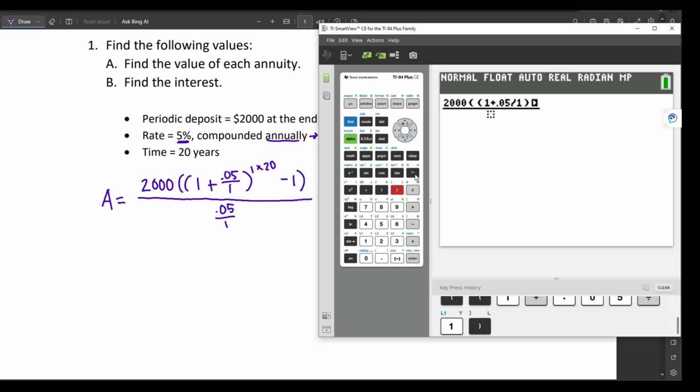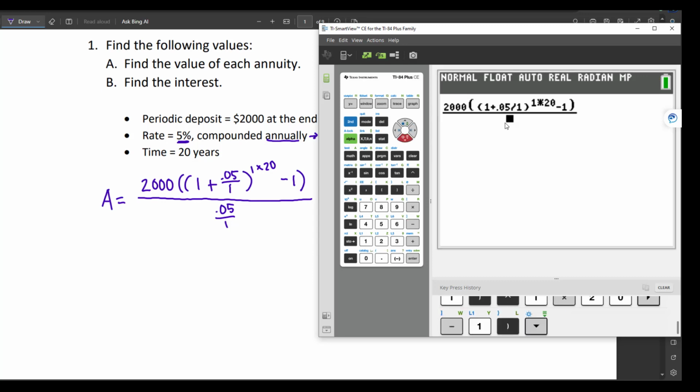We're going to use that caret button, and it gives our exponent box. 1 times 20. To get out of your exponent box, hit the right arrow, and we have all of that minus 1. Close that parentheses. And now we can go down to our denominator, which is 0.05 divided by 1. Hit enter. This is our future value amount.